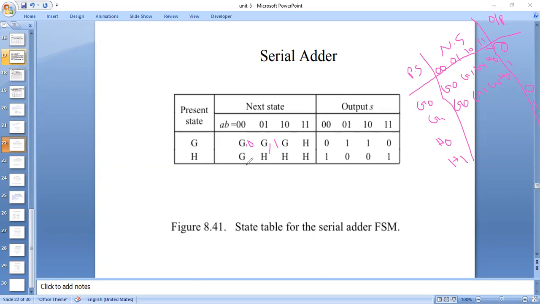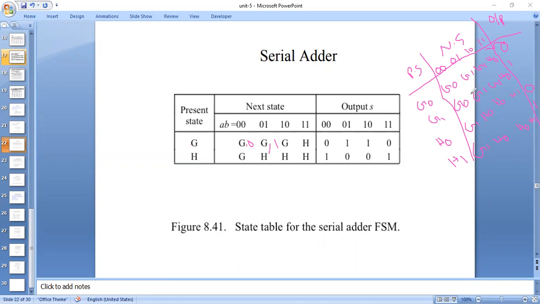And for H also, here G and the corresponding output will be 1, so you can write G1. After that, H and the corresponding output will be 0, so you can write H0. And similarly, you can write H0 again here. And after that, for the H state, the corresponding output will be 1, so you can write H1.